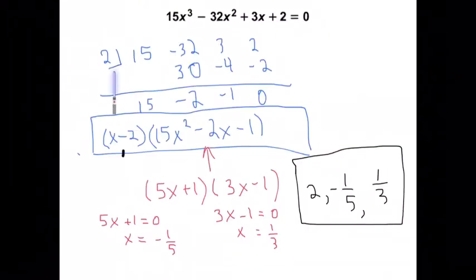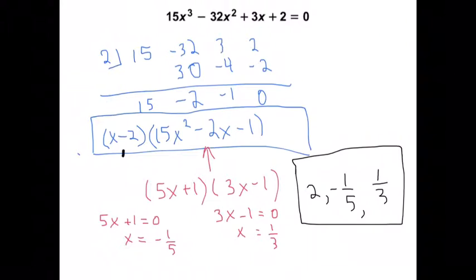So after you find one of the roots, if it's not a fraction, you could do synthetic division to factor out that. If you do get a fraction, like let's say you got 1/3 as a root, you would have to do polynomial long division. But if you get a whole number, you can do synthetic division.